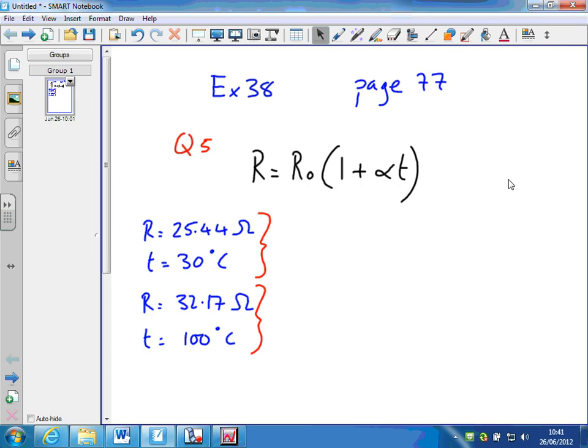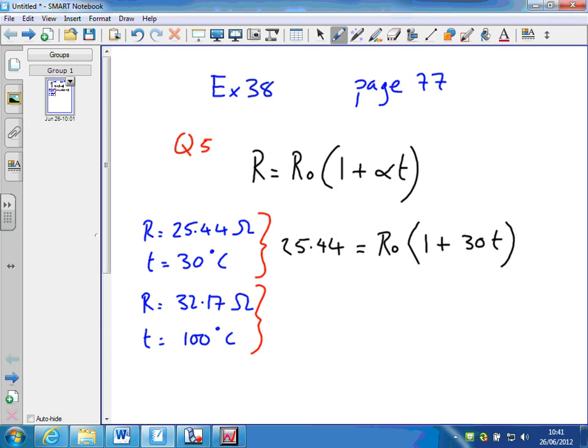Let's form the 2 equations first. Given this first situation, we've got that 25.44 equals R0, 1 plus alpha and T. T is 30, so let's put the 30 first and then T for temperature.